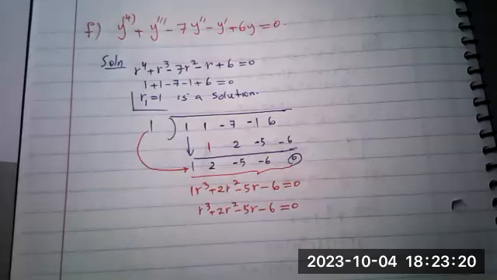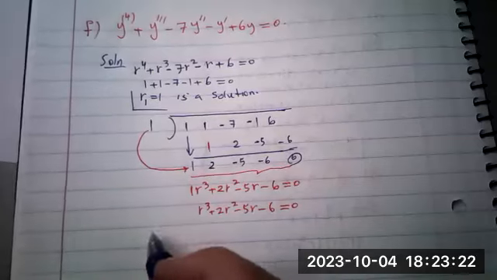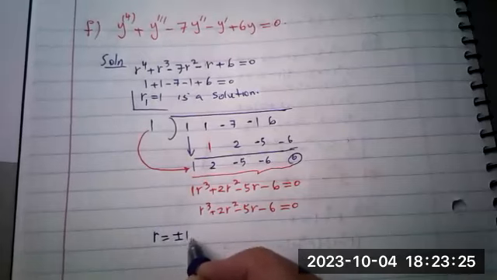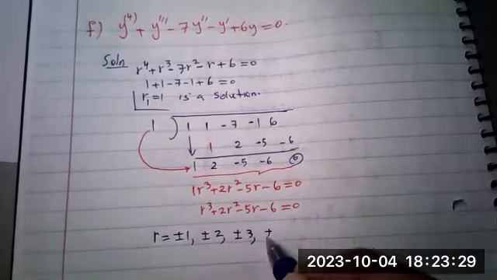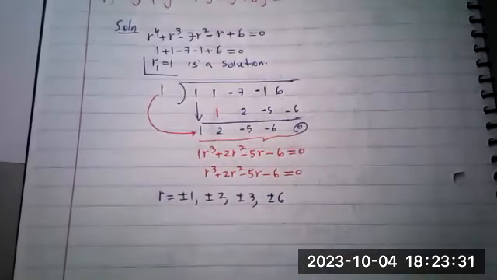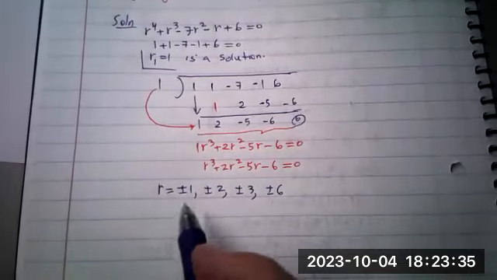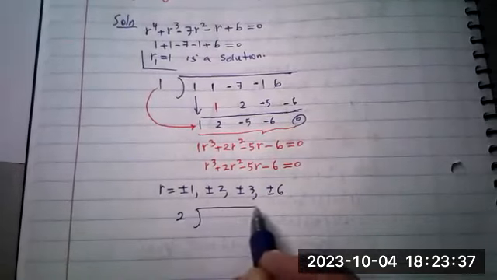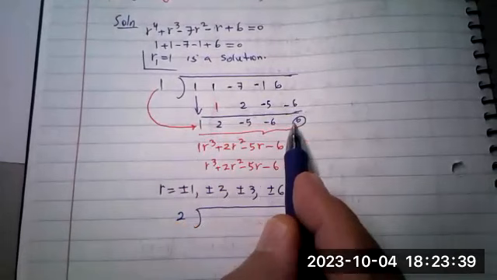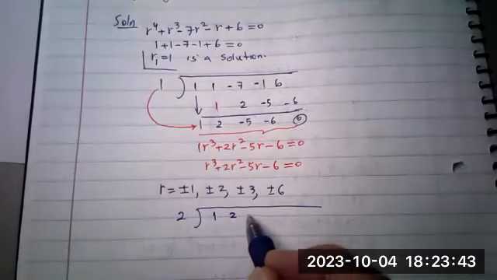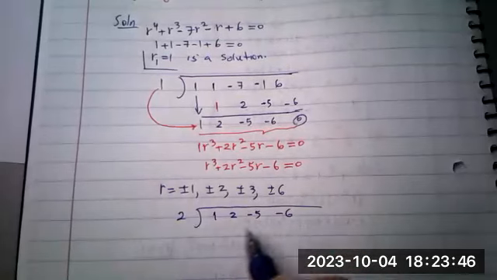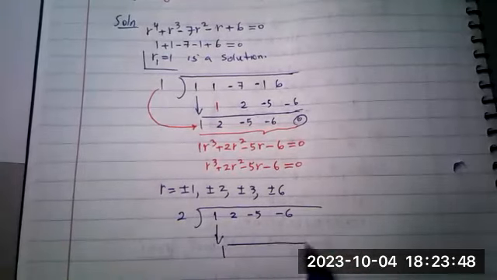So the possible solutions are plus or minus 1, plus or minus 2, plus or minus 3, plus or minus 6. You have to find one of them. For example, if you want to check the 2, just check the 2 with the synthetic method. The coefficients of this polynomial are 1, 2, negative 5, negative 6. Bring the 1 down.